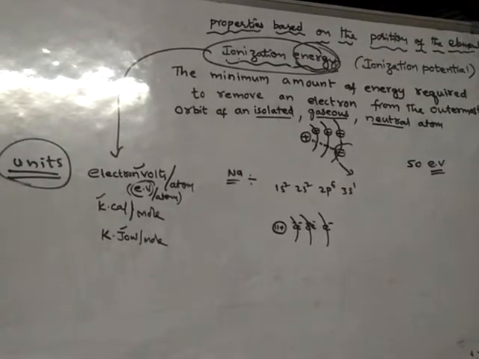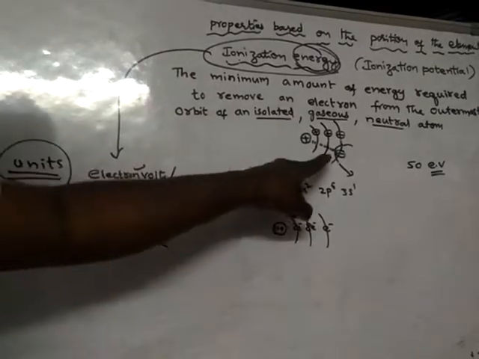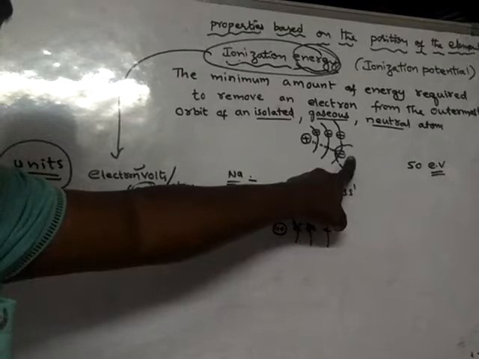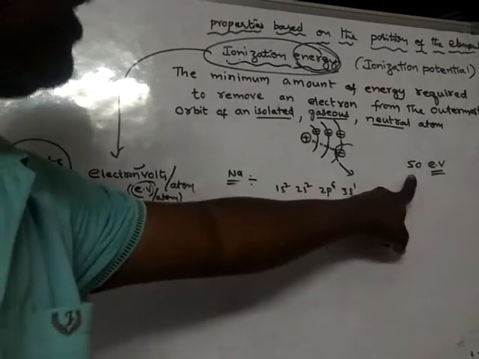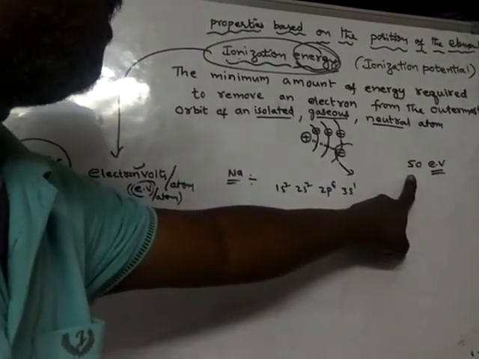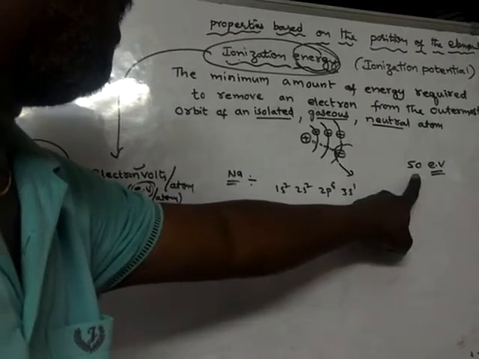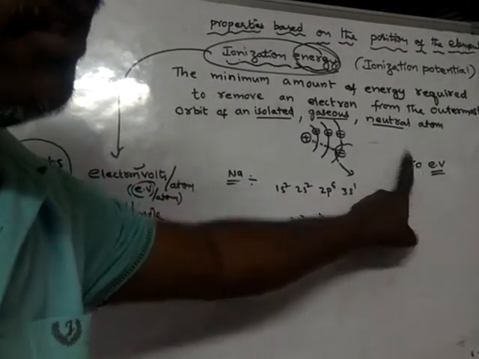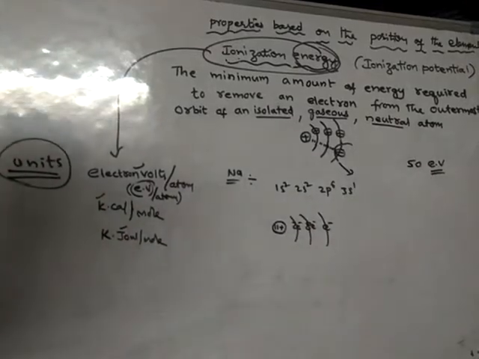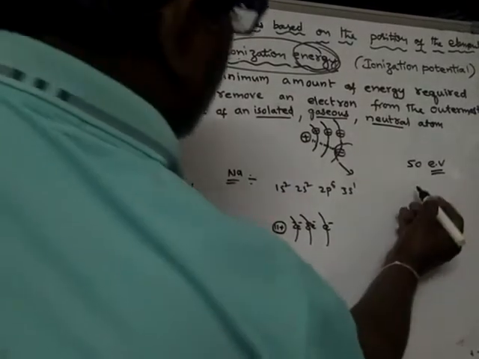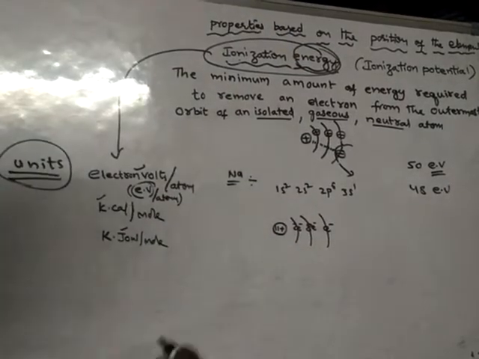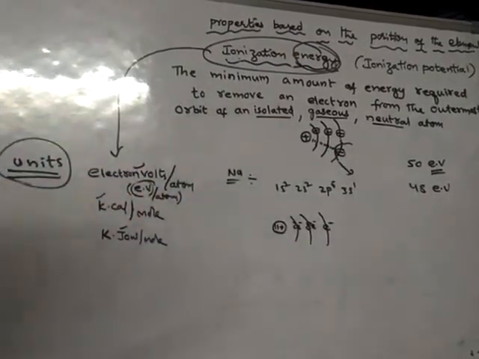Okay. So here, if I want to take out this electron, I have to spend this much energy. Let us assume if I spend only this much energy, I can take out this electron from that atom. Suppose I spend 48 electron volts instead of 50 electron volts, can I remove this electron from that atom?